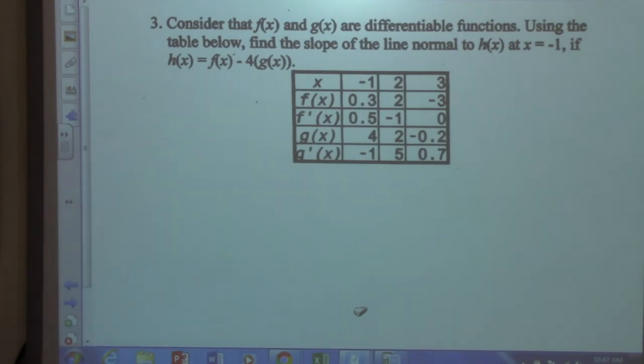Just trying to make sure I have it scheduled. So, 4.5 is 9 over 4. No, 9 over 2. So right now, just the way I look at your differentiable functions, you have this minus this, so I'm thinking h prime of -1 is going to be equal to f prime of -1 minus 4 g prime of -1.